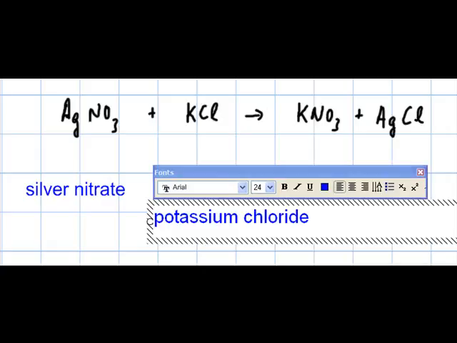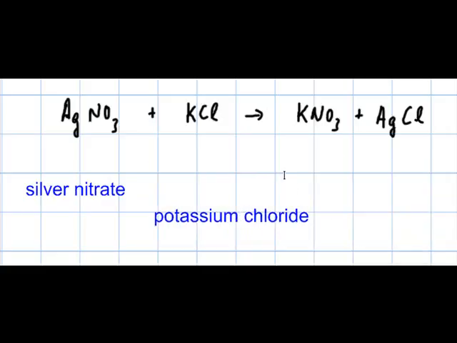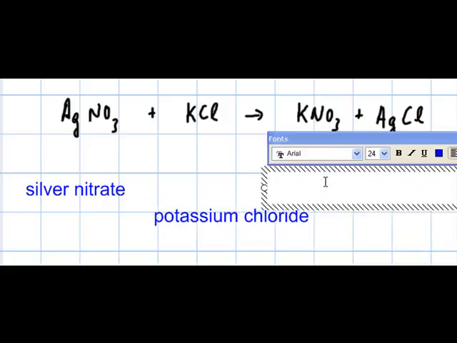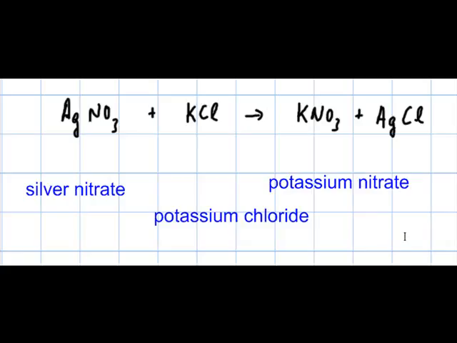So fixed ionic charges means we don't have to put any Roman numeral there, as you know, only for variable charges. So on the right hand side the same thing is going to happen, and as you can see they just switch the ions, so potassium nitrate, silver chloride.